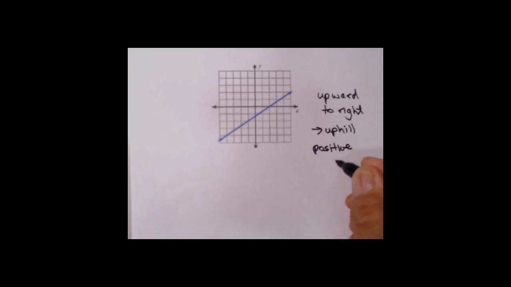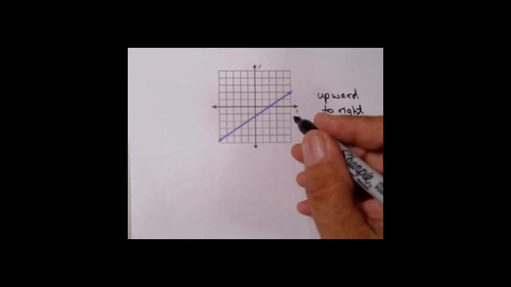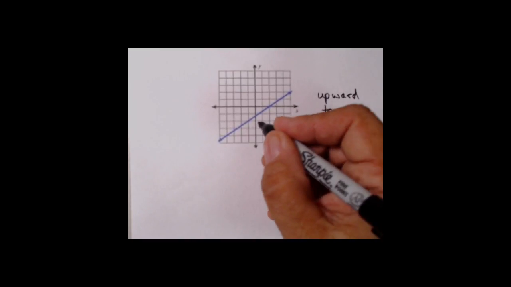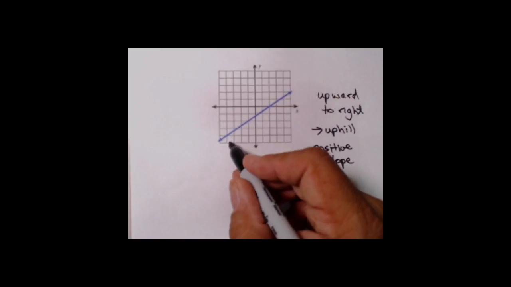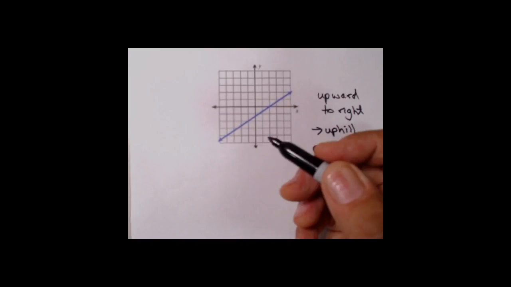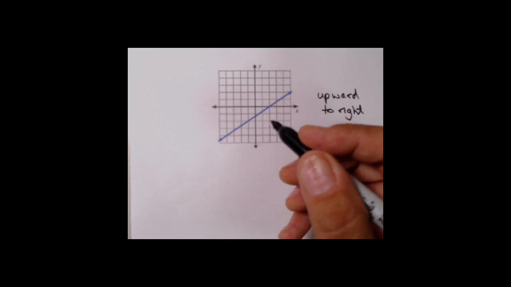So make sure the slope value that you come out with is indicated as being positive. Here's a way that we can work this. Pick any two points on the graph line that go through the corners of our grid so it's easy to get the values.